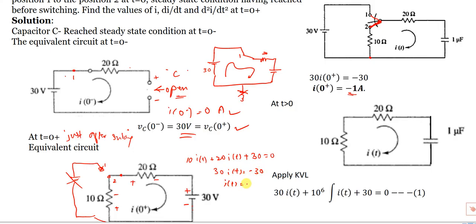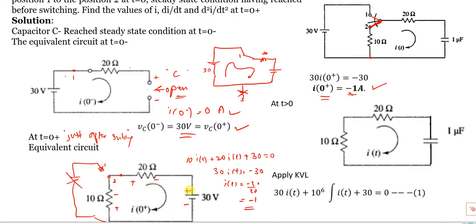I of t is equal to minus 30 by 30, equal to minus 1. So substituting t equal to 0 plus, I of 0 plus is minus 1 amp.